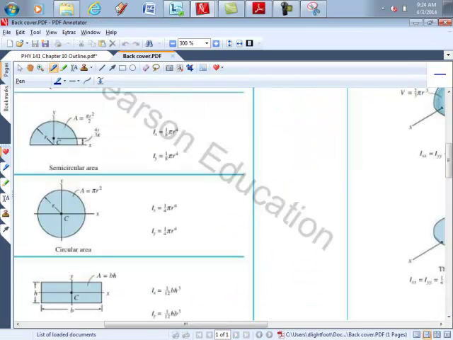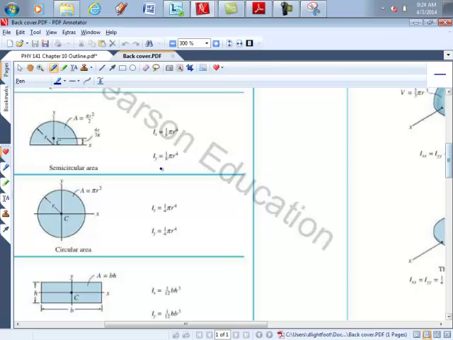This is one of the areas that's actually covered in the back cover. So if we have a semicircular area like this, then its moment of inertia about the x-axis is 1/8 pi r to the fourth, and about the y-axis is 1/8 pi r to the fourth, which is what we calculated, which is good.